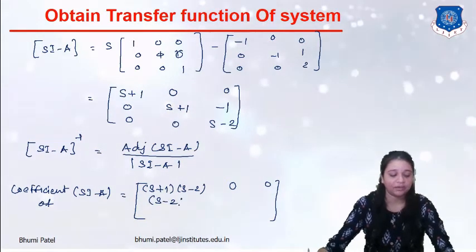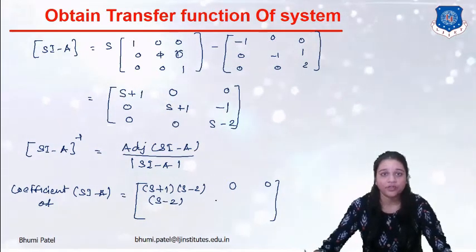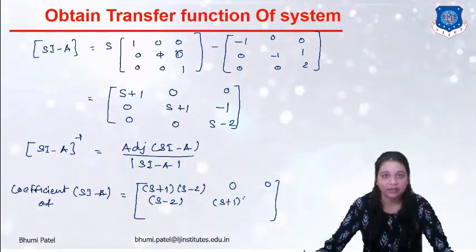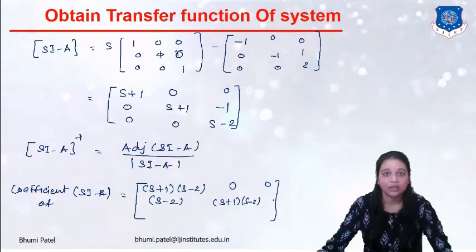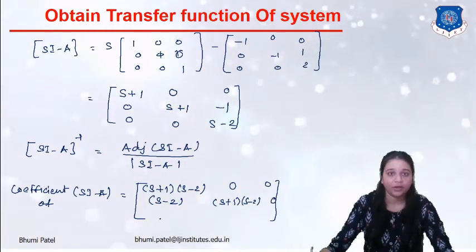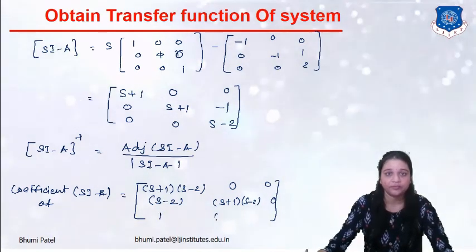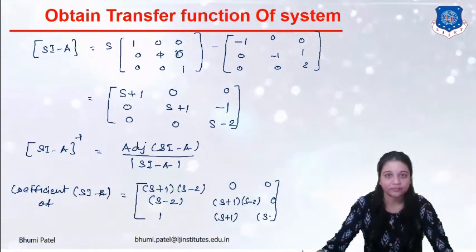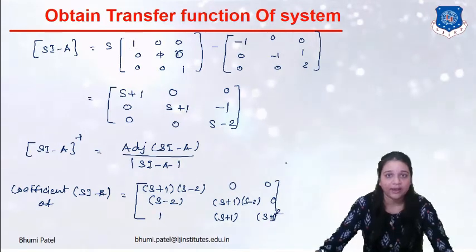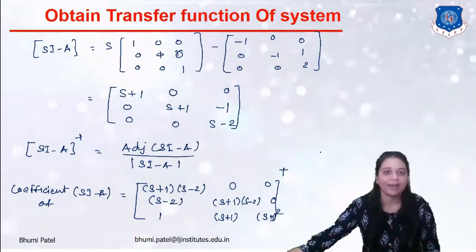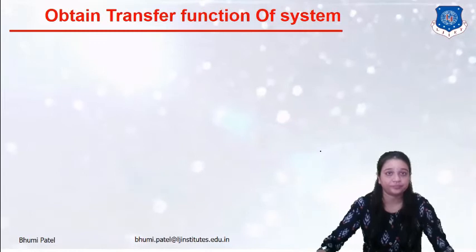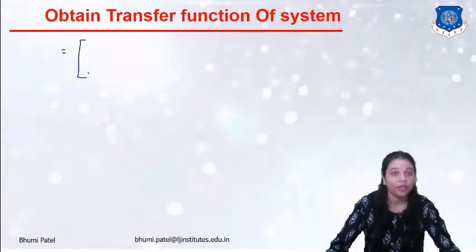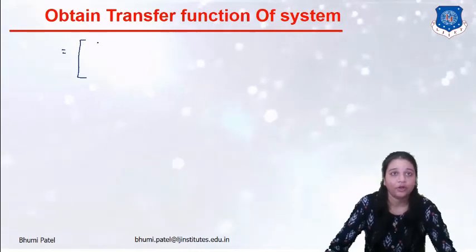So using this method we have to find the coefficient of sI minus A inverse, and we can get S minus 1, S minus 2, here the value of 0, then 1, S plus 1, and here S plus 1 square. Okay, now we can take the transpose of this matrix. The transpose is nothing but the rows become columns and columns become rows.